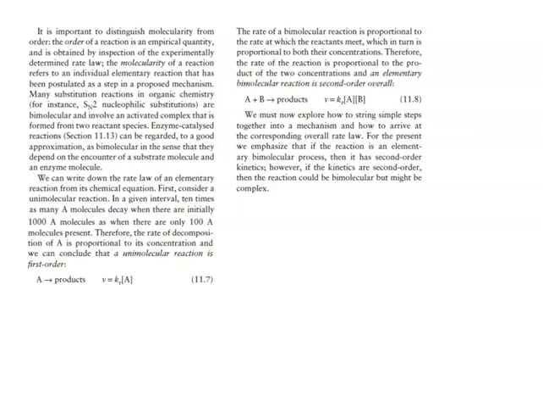First, consider a unimolecular reaction. In a given interval, 10 times as many A molecules decay when there are initially 1,000 A molecules as when there are only 100 A molecules present. Therefore, the rate of decomposition of A is proportional to its concentration, and we can conclude that a unimolecular reaction is first order.